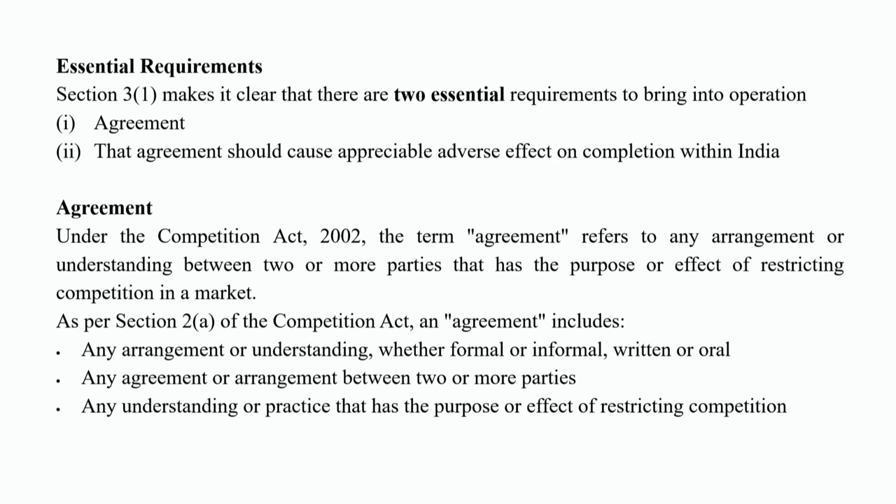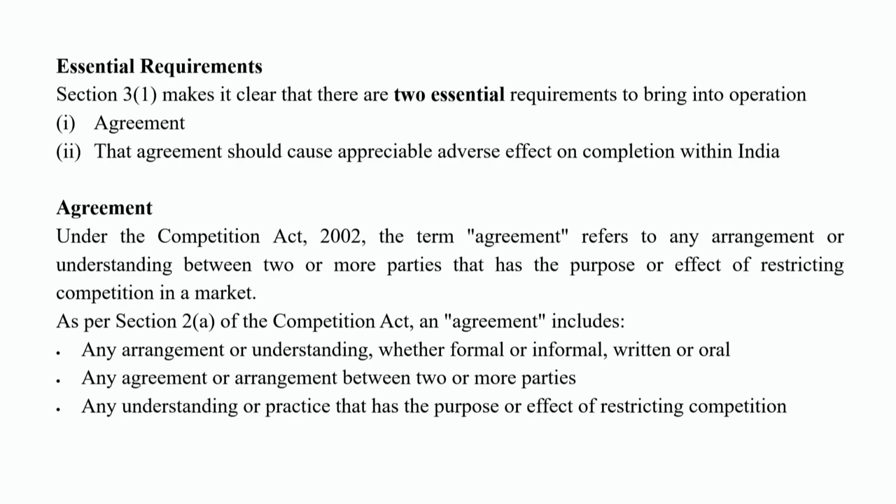If you again see Section 3 subclause 1, it prohibits any enterprise or association of enterprises or person from entering, in relation to supply of goods, services or storage, into an agreement having an adverse impact on the market in India. Section 3 subclause 2 says that if it is in contravention of Section 3, it will be void.